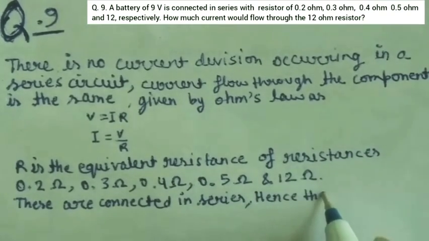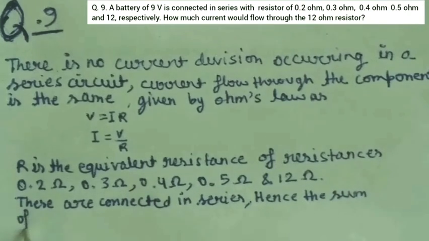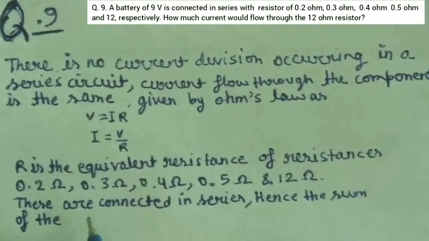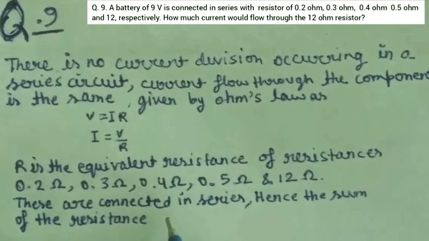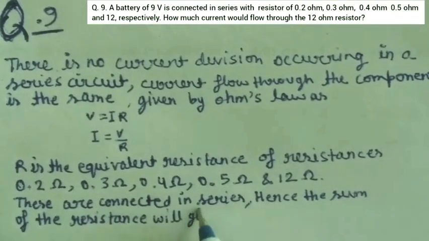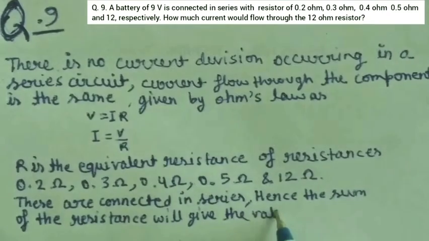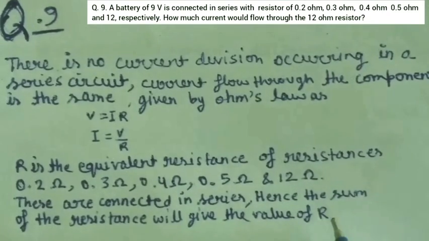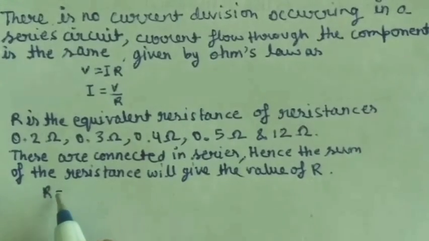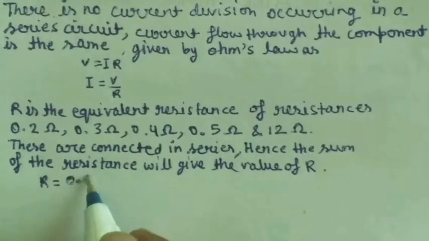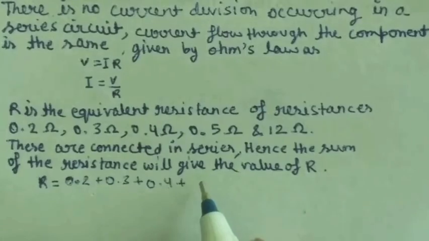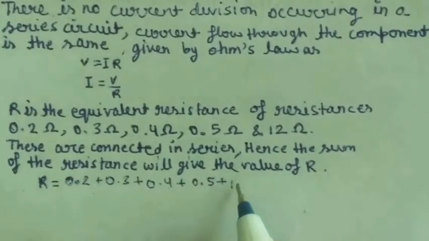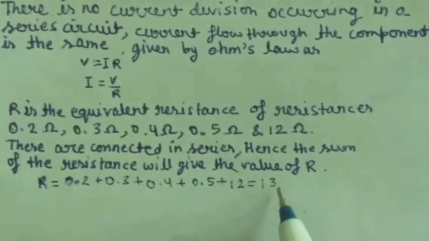Hence, the sum of the resistance will give the value of R. R is equal to 0.2 plus 0.3 plus 0.4 plus 0.5 plus 12 is equal to 13.4 ohm.